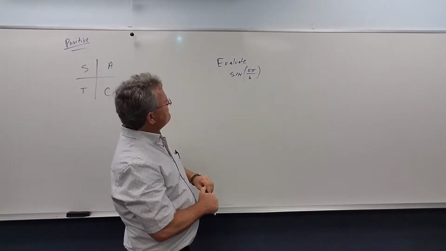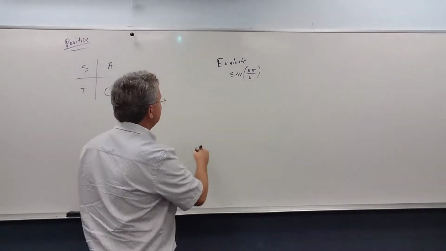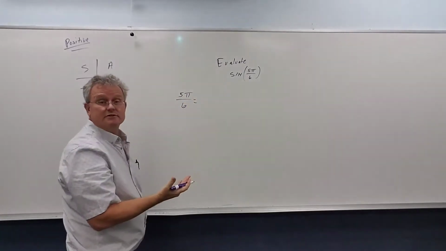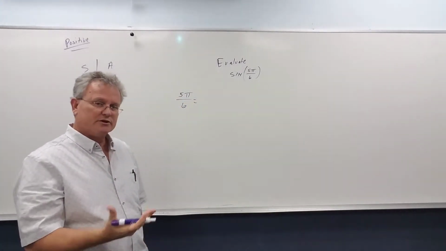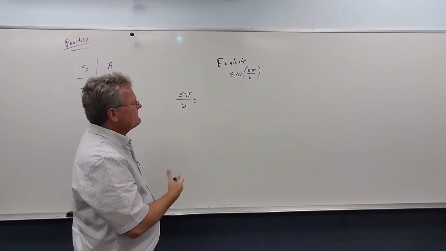Now let's do an example of evaluating the sine of 5 pi over 6. So the first thing is let's convert this to degrees. I think it's easier to work in degrees. I don't know what that is off the top of my head in radians.